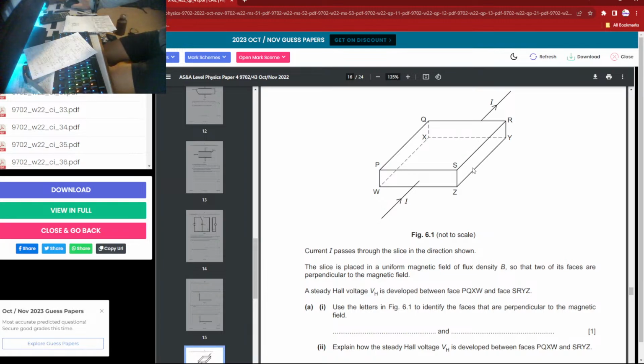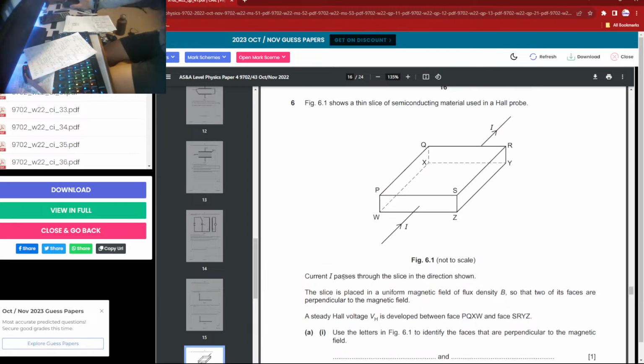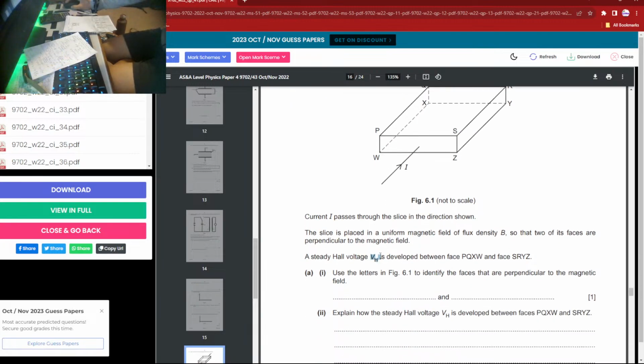Wait, let me think first. Current going in, field is to the left. That would mean that the perpendicular would be, oh, sorry. You have to look at this also. So the VH is developed in PQXW and SRYZ.